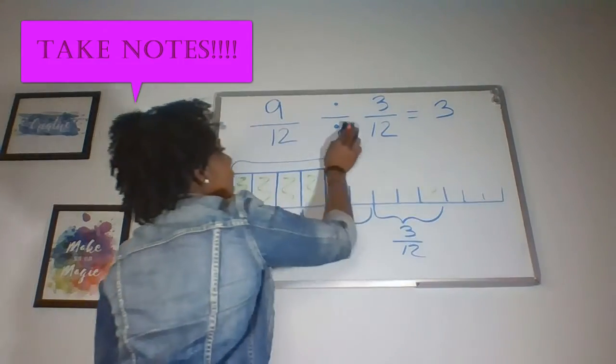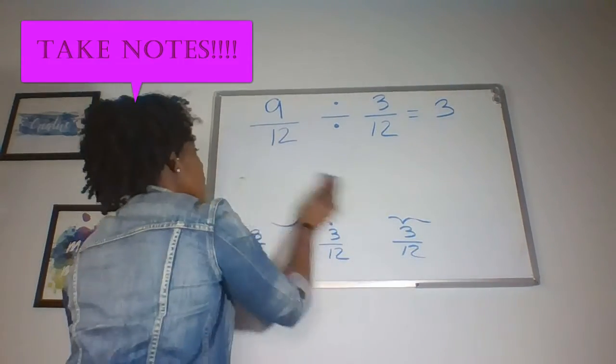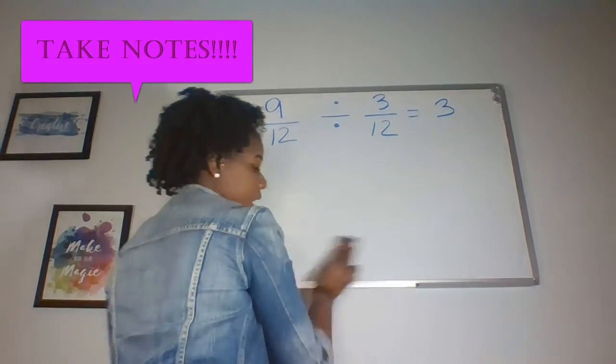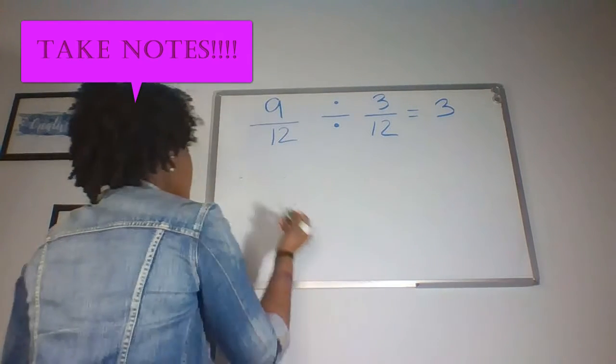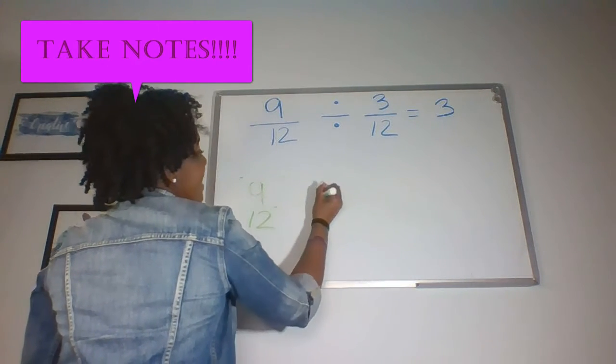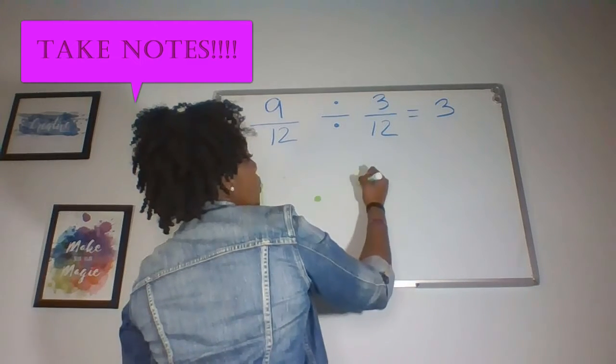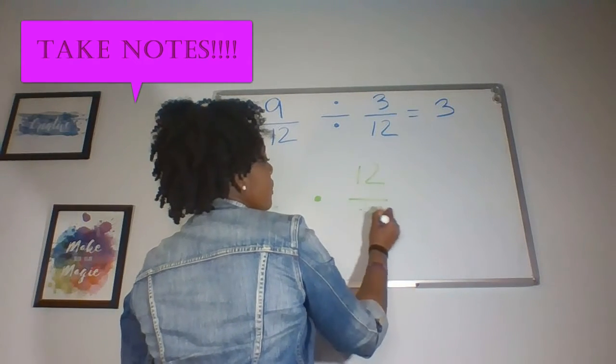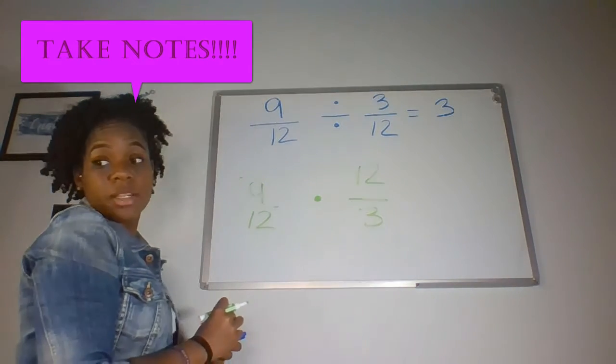Then we'll work this out manually doing the keep, change, flip. Remember, we keep the first fraction, so 9/12 times 12/3. We flip the second one, okay?